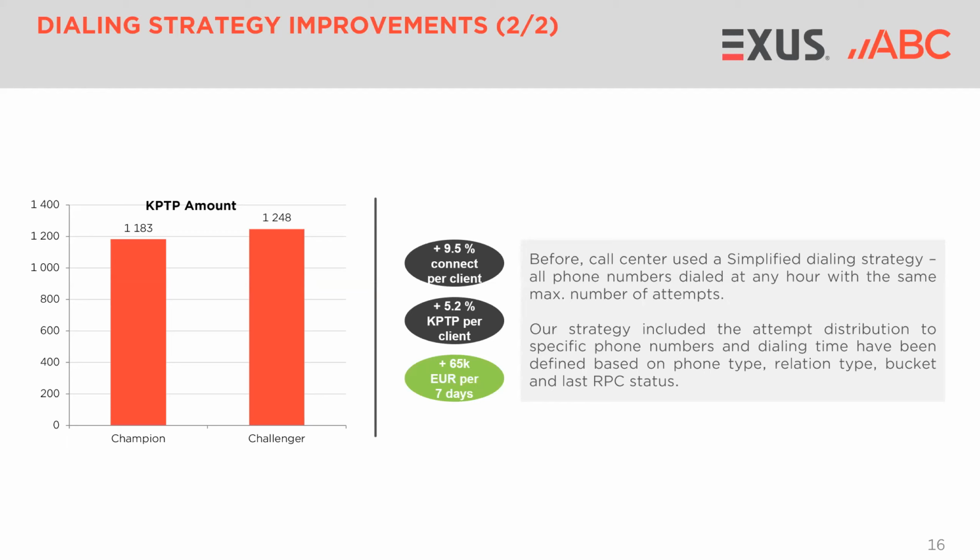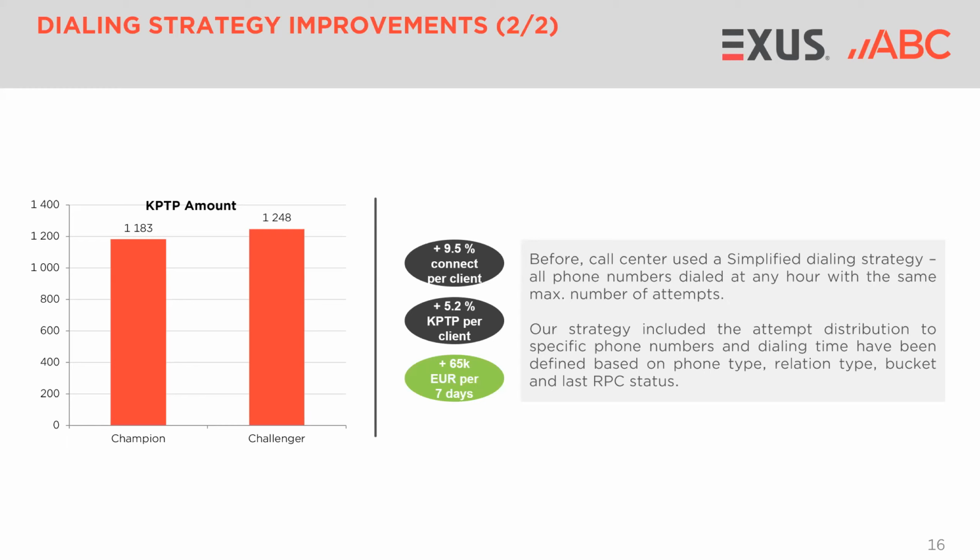And what we did is that we took a look at it and said, we believe that RPCs, broken PTPs, and things of that nature will be better at calling. Then we looked at prime times and said, okay, we need to call more in the morning and the evening, not during the lunch hours, and beefed up the processes there.